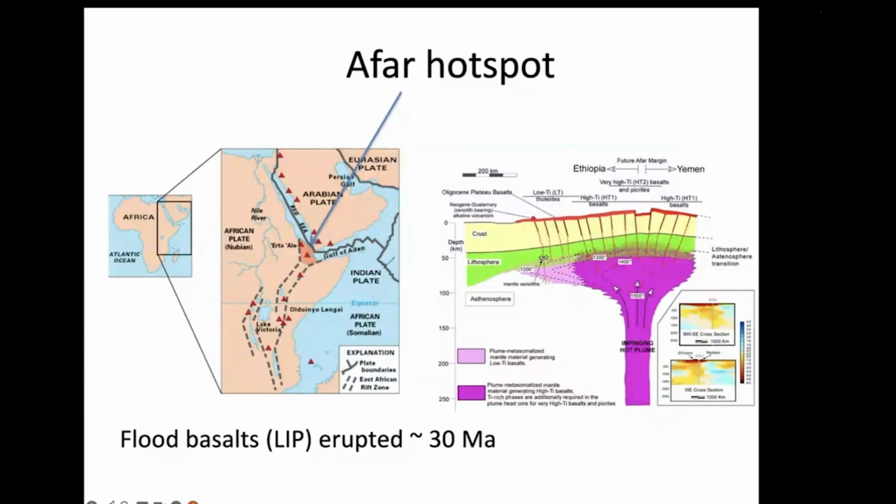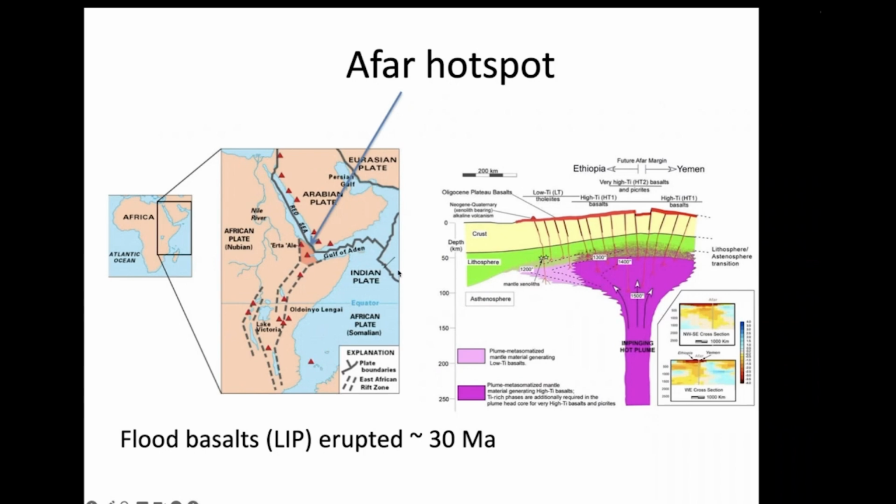And then one that's going on today is this Afar hotspot. So here in Ethiopia, in Northeast Africa, we've got the Red Sea, the Gulf of Aden, and the East African Rift coming in here, which we'll talk about later. And here we've got lots of igneous activity ongoing.